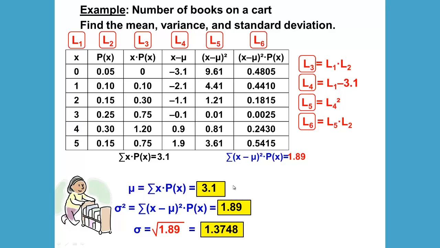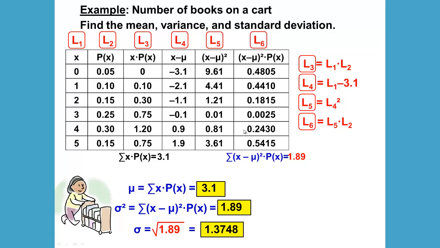We are still working on the book cart problem and the book cart probability distribution from parts 1 and 2 of this PowerPoint. If you've not watched those, you may need to go back and watch those to completely understand where this problem comes from. But we want to check that the answers that we obtained in that part are correct.